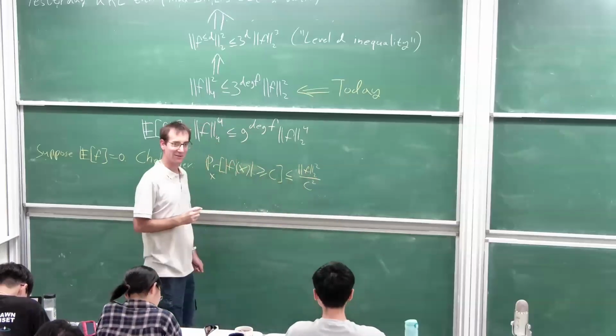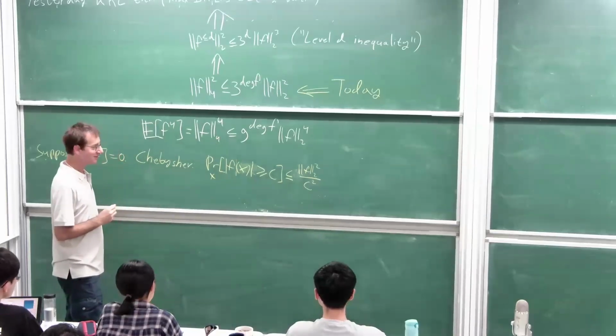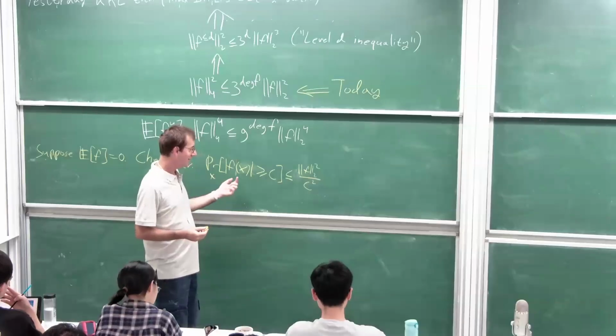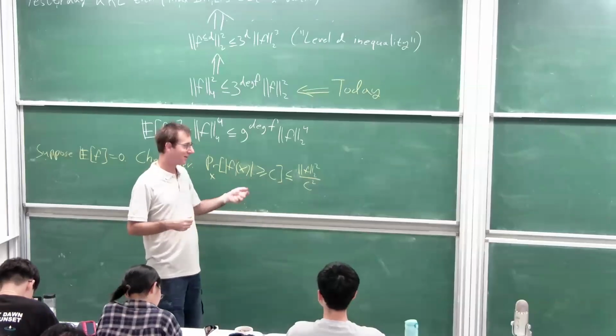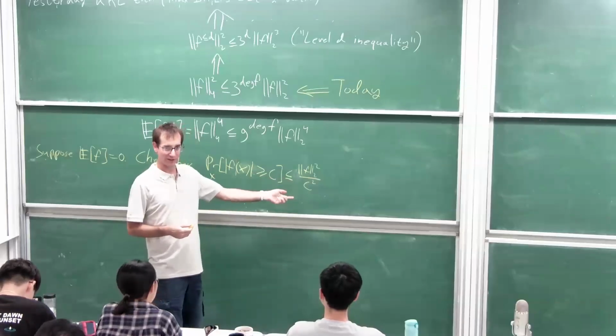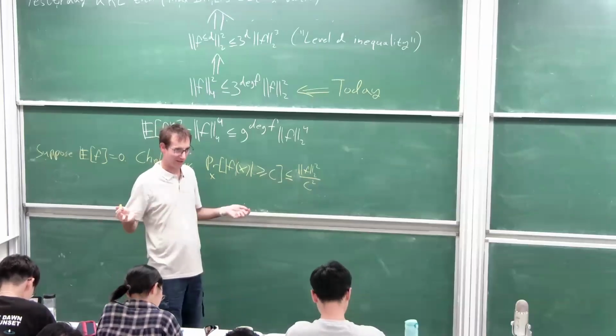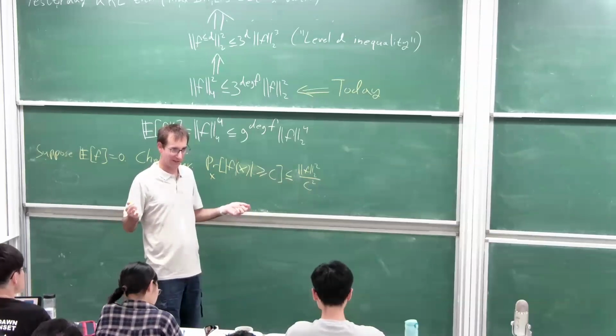I hope I didn't make a mistake here. So if we think of this L2 norm as, let's say, 1, then the tail of its distribution decays at least as fast as 1 over c squared. Yeah, this is Chebyshev's inequality. Whenever the function has variance, we will have this kind of tail behavior.